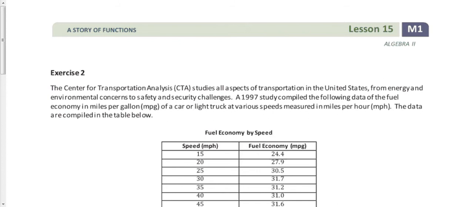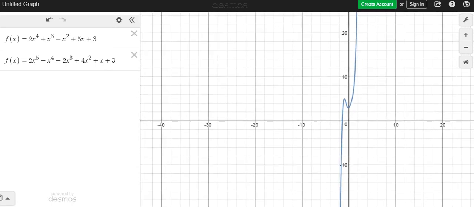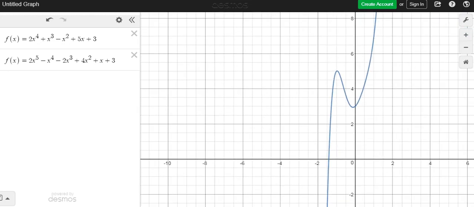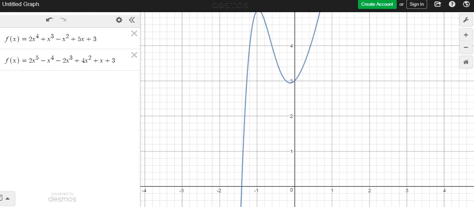Now, if we go back to that graph that we did of my odd degree polynomial, that thing has a hump. What if this was moved down a few units? How many times could this cross the x-axis? Could cross 3, right?